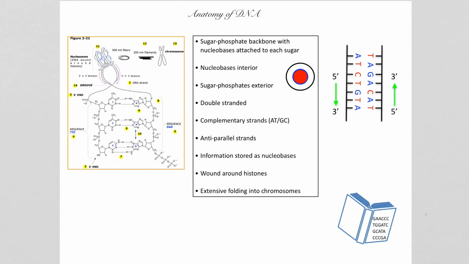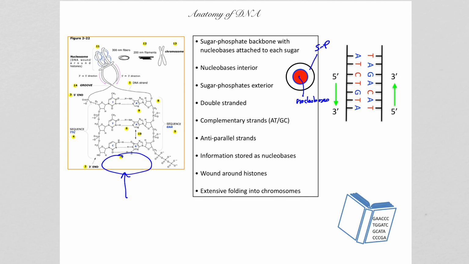So you can see the nucleobases on the inside, while the sugar phosphate is on the outside of the DNA. And you can see that very clearly when you look at it from here.